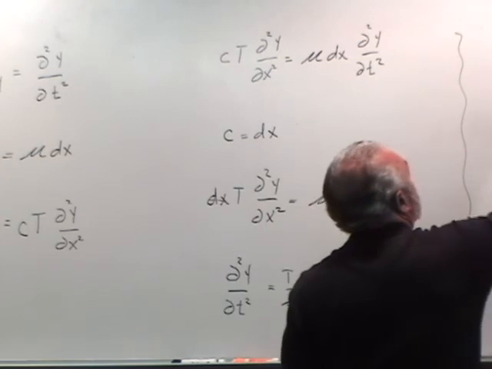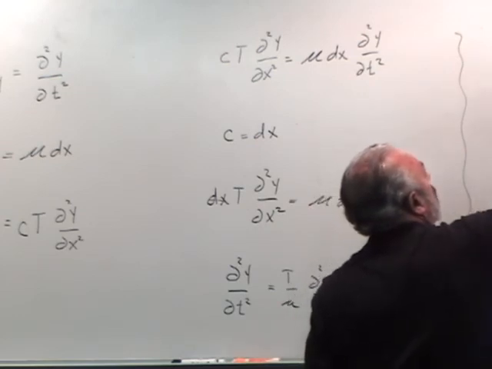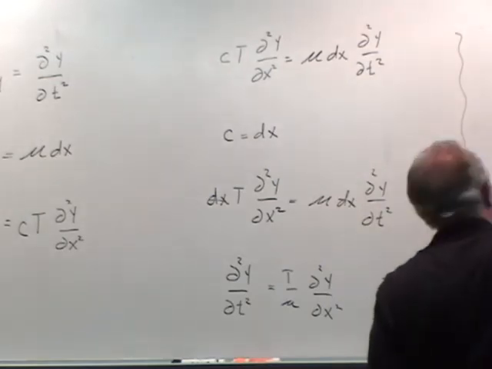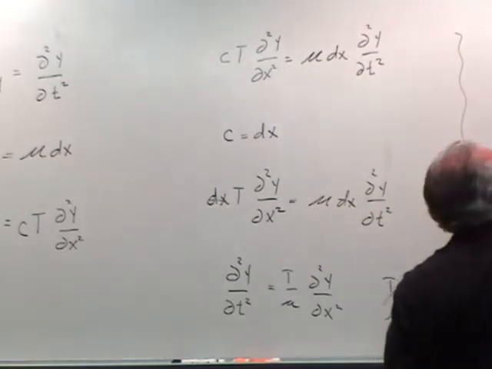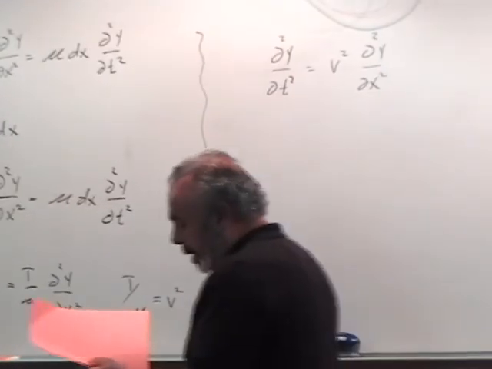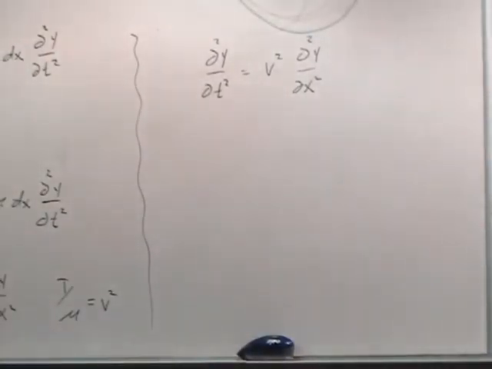So, if that is so, now quite simply, d squared y dt squared equals v squared times d squared y dx squared. And here we have it. That is the wave equation. Isn't that just lovely? I'm so happy I can hardly stand myself. We have the wave equation.